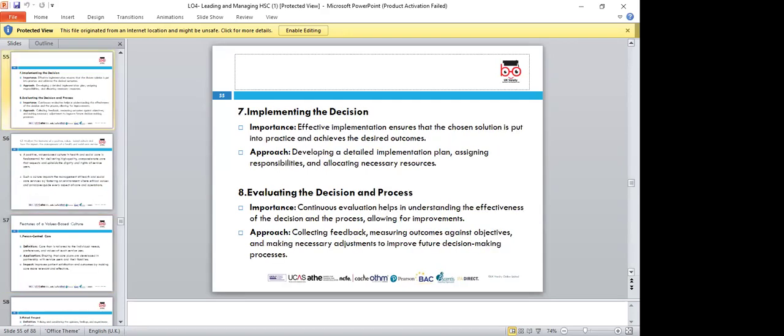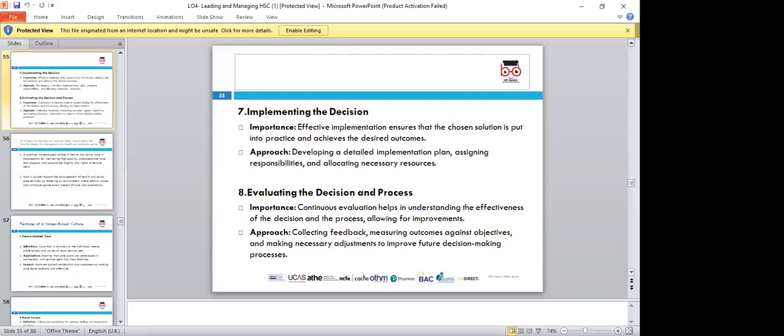Then you have to implement those decisions as well. You implement them by a detailed implementation plan, assigning responsibilities and allocating necessary resources. We then have to evaluate the decision and the process that we have chosen upon implementation.